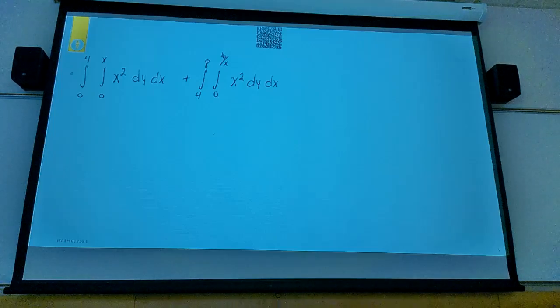So there is our double integral. Now to evaluate it. Neither of them have y. And that makes the dy easy.